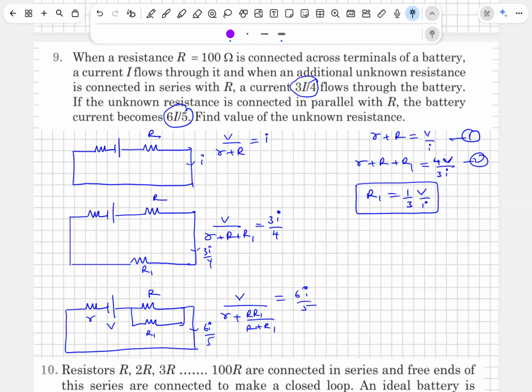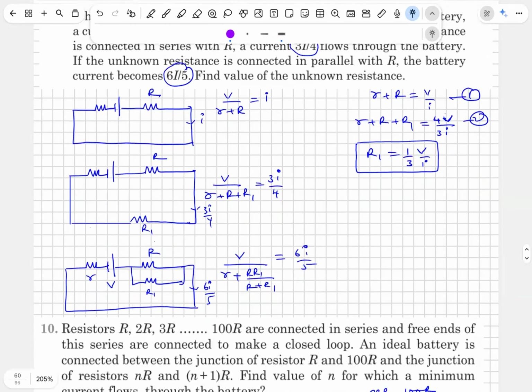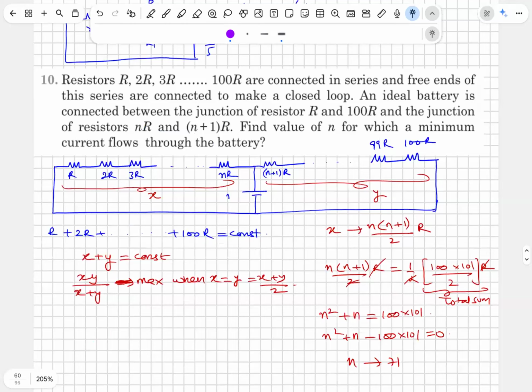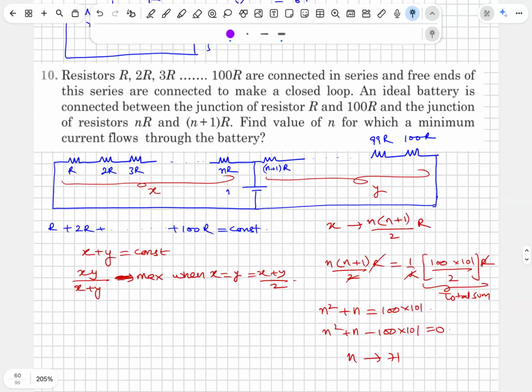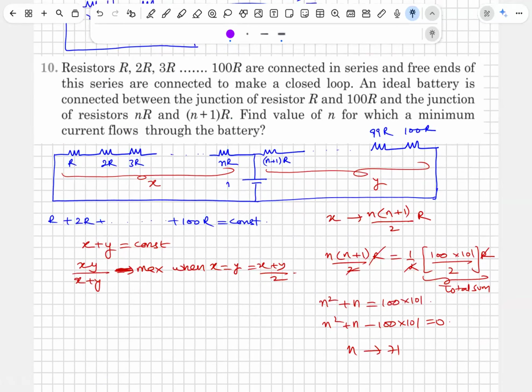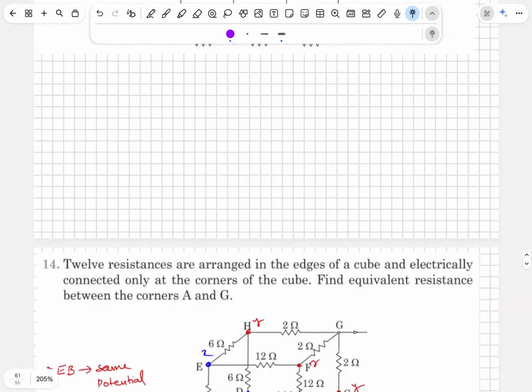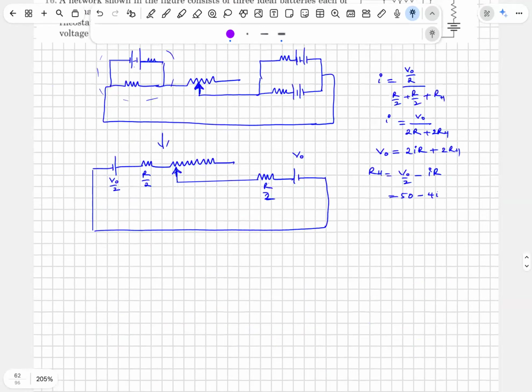Ideal battery is not what he mentioned. This is another question. Just go through. No, I didn't teach this. Easy parts I am not touching.